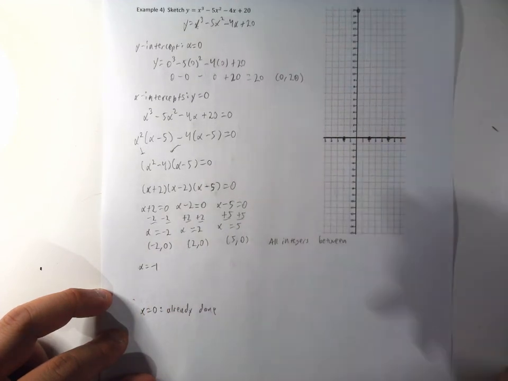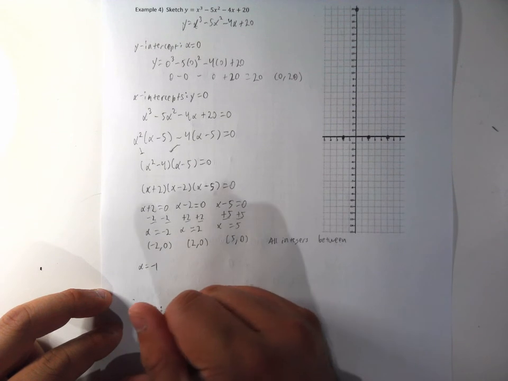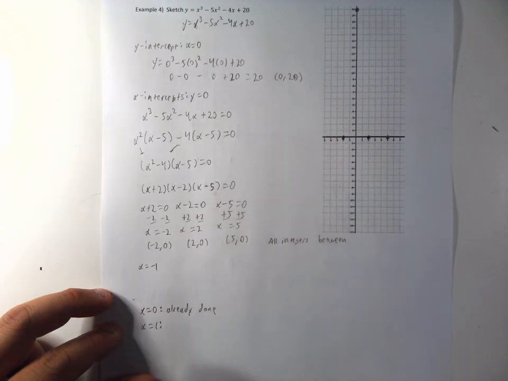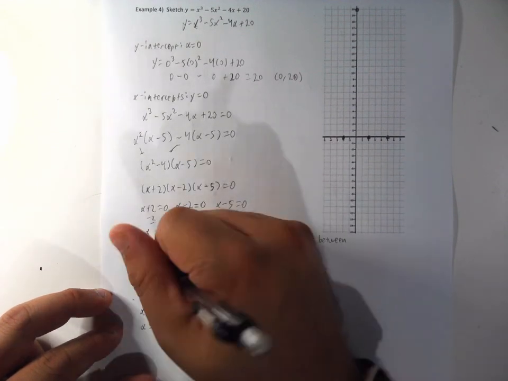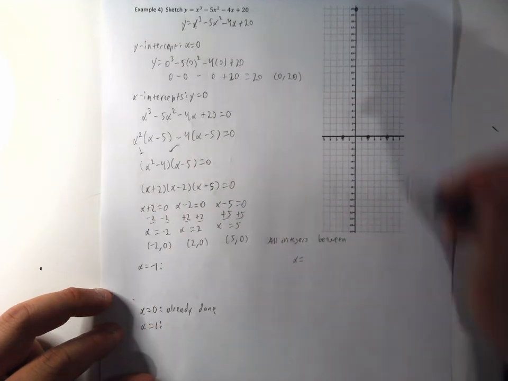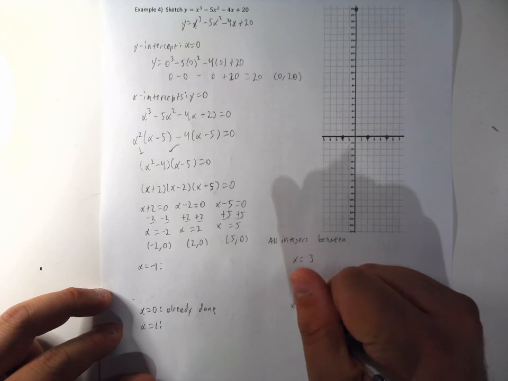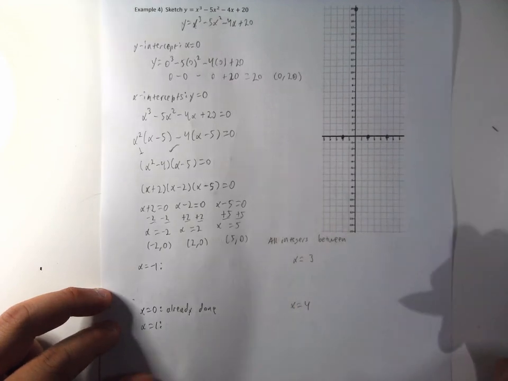It was the y-intercept. Suppose I'll do 1 on that side. And then I'm going to switch over to 3 over here. And then 4 down there.